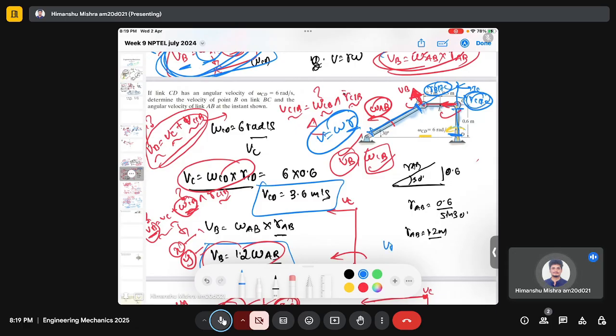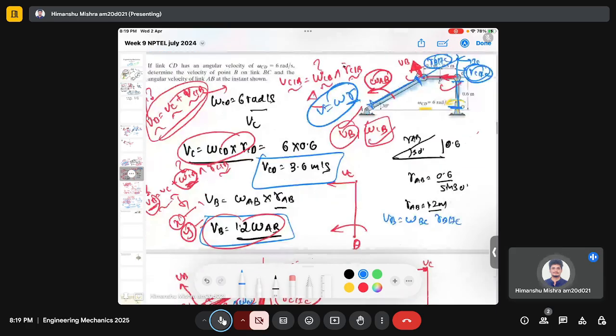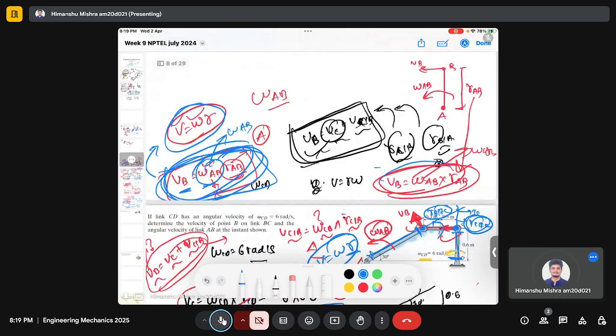So my VB will be omega BC times RB IC, and VC will be the same omega BC, because these two points share the same angular velocity. From this relation you find the angular velocity omega BC, and then from this relation you find your VB. Once you find VB, the step is common: you use this equation to find omega AB.